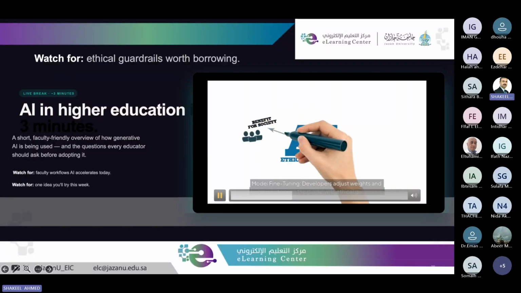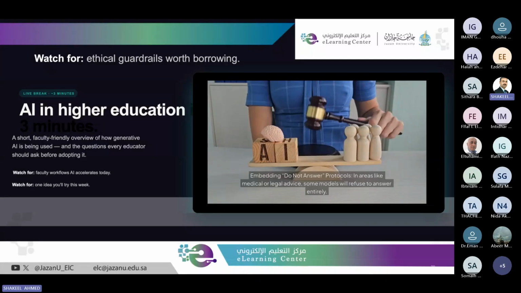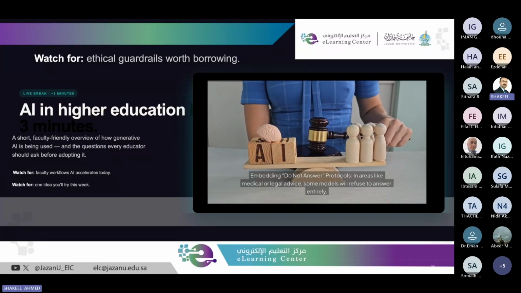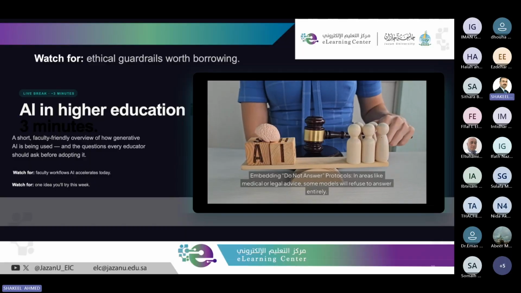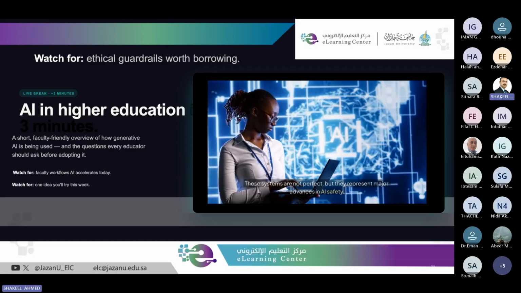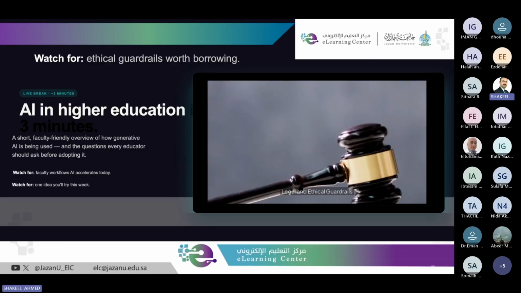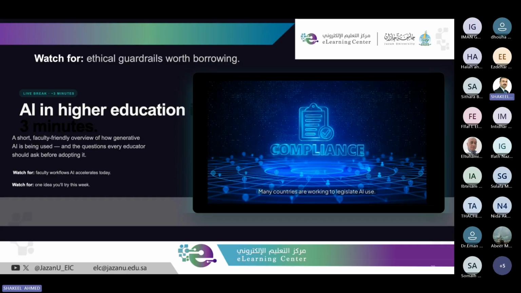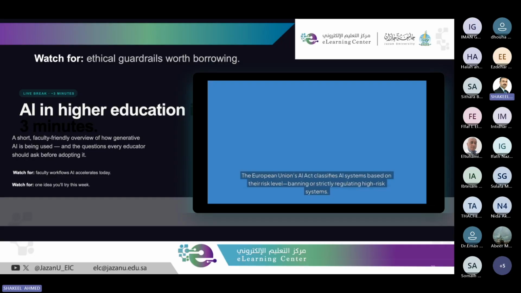behaviors to align the model with ethical guidelines. Embedding do-not-answer protocols: in areas like medical or legal advice, some models will refuse to answer entirely. These systems are not perfect, but they represent major advances in AI safety. Legal and ethical guardrails. Many countries are working to legislate AI use. The European Union's AI Act classifies AI systems based on their risk level, banning or strictly regulating high-risk systems.